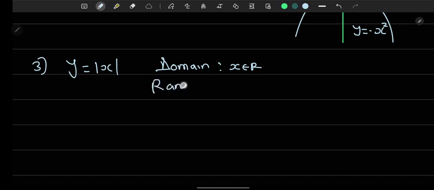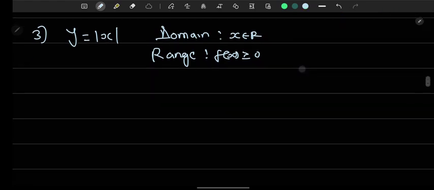And the range here, remember the definition of absolute value is that absolute value of any number will definitely be greater than or equals to 0. Okay, so absolute value gives non-negative results. So what that means is that y is greater than or equals to 0 as well. Y is non-negative for every value of x that you put here.